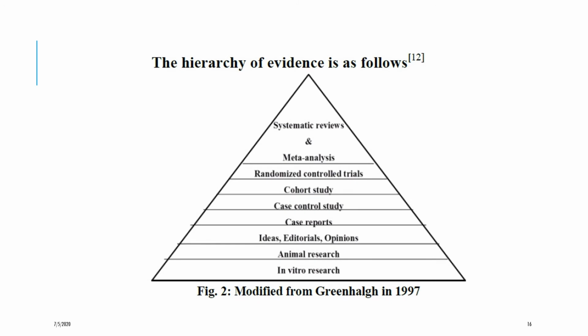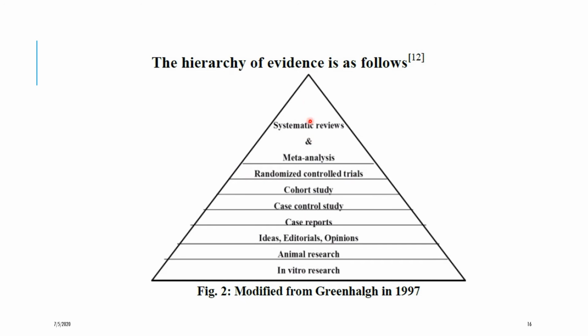So, the hierarchy of the evidence is as follows. At the lowest, there will be in vitro research, that means research outside the body. Then comes animal research, then editorials, opinions, ideas, then case reports, case control study, cohort study, randomized control study, then meta-analysis and systematic review.